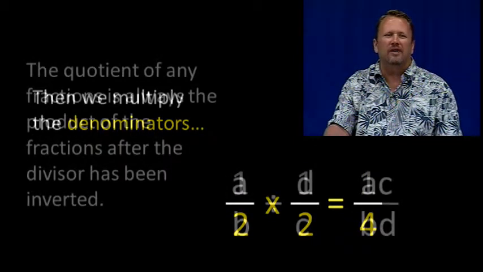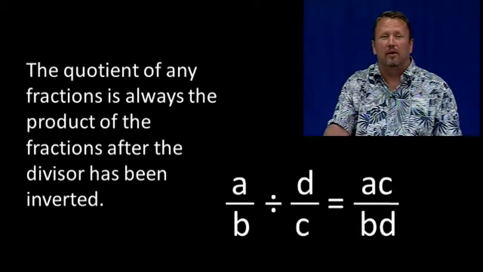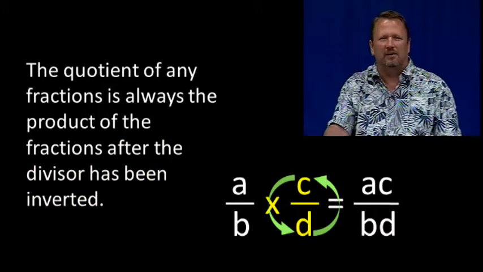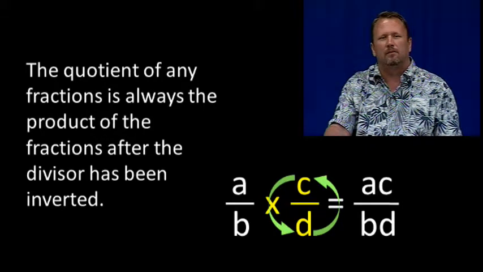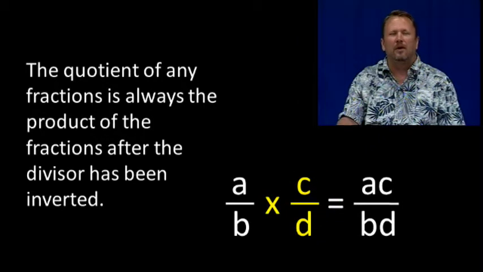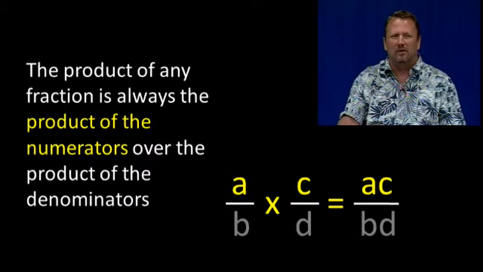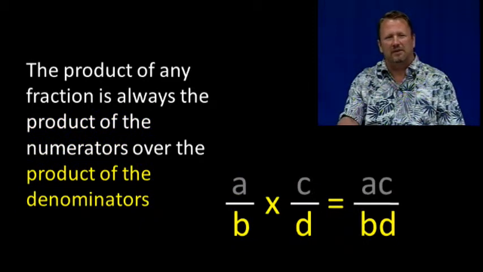The quotient of any fraction is always the product of the fractions after the divisor has been inverted. The product of any fraction is always the product of the numerators over the product of the denominators.